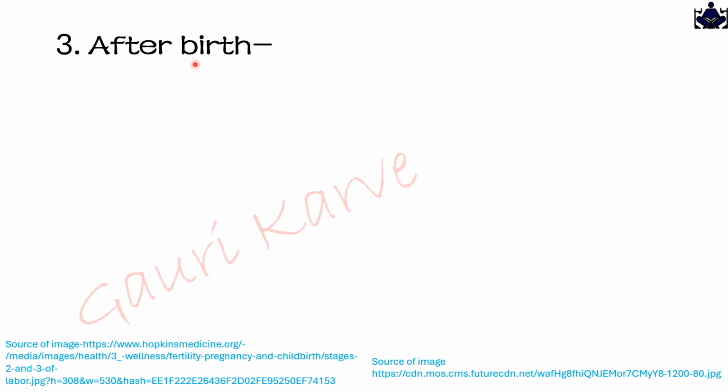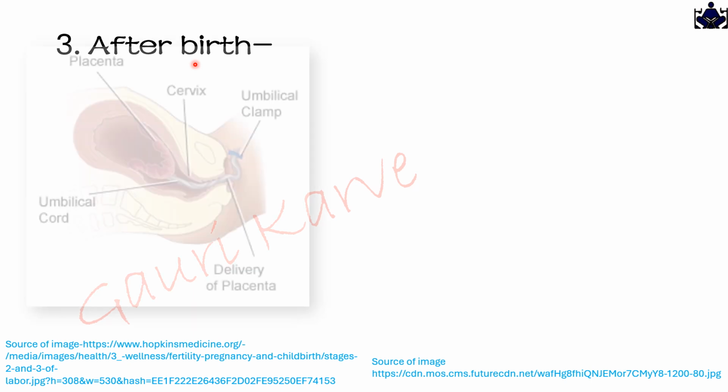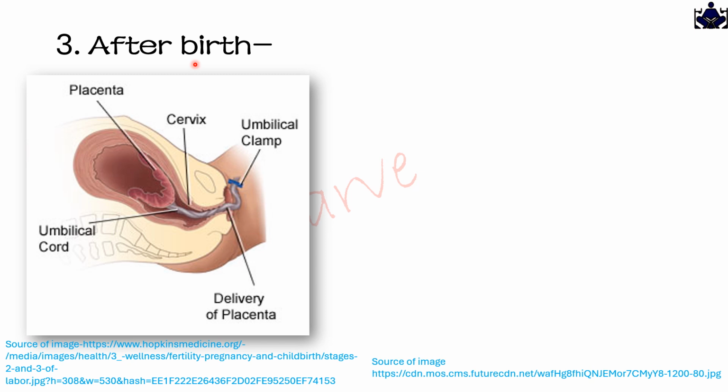Due to severe contractions of uterus, after the delivery of the baby, the placenta separates from the uterus and is expelled out as afterbirth. This happens within 10 to 45 minutes of delivery.